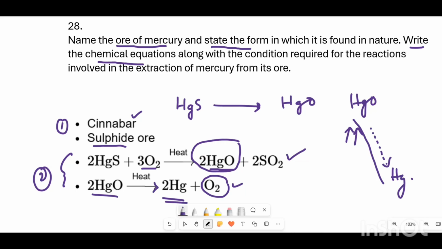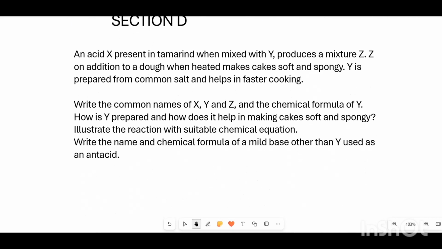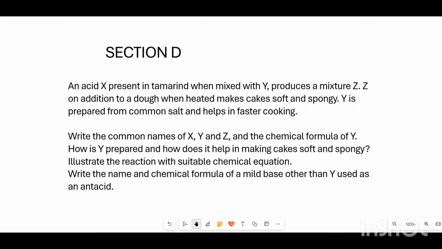Now next question. Section D, 5 mark question. An acid X present in tamarind when mixed with Y produces mixture Z. Z on addition to a dough when heated makes a cake soft and spongy.